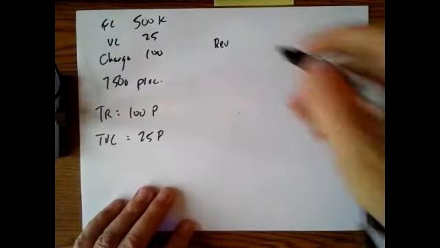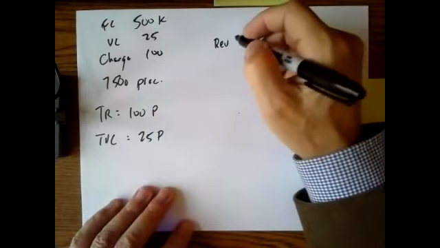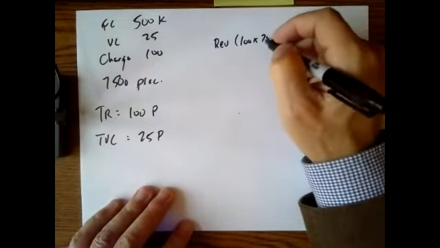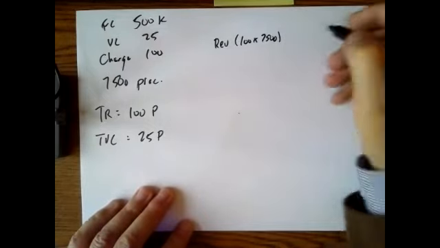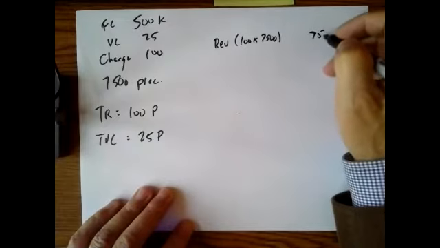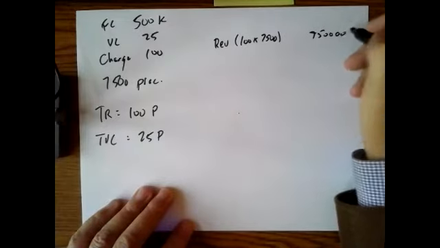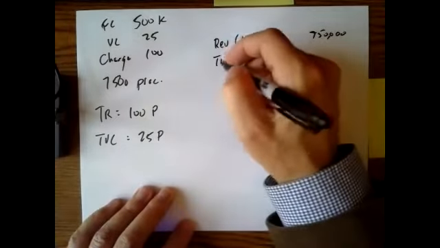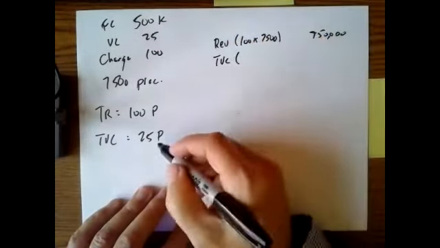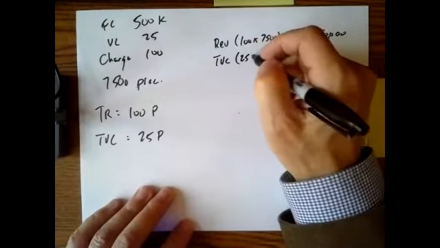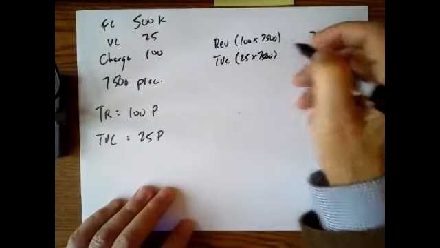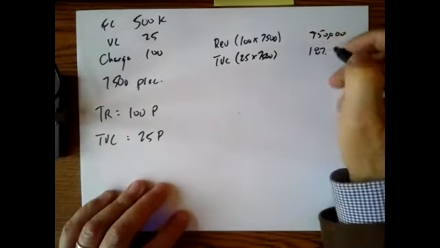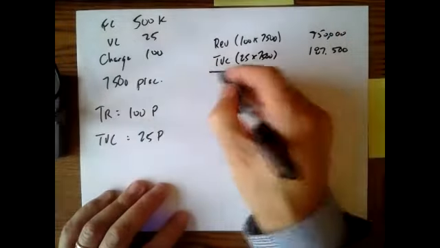So revenue is going to be 100 times 7,500 procedures, which gives us 750,000. Total variable cost is 25 times 7,500, which gives us 187,500.